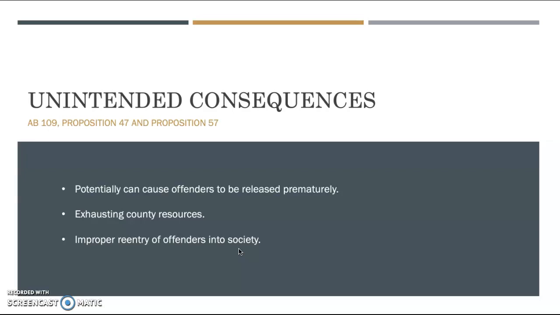So one, this causes a fear of public safety, but this also can be a disservice to the inmate by prematurely pushing them into society without having the necessary life skills to be successful. And that directly impacts the recidivism rate. So this bill, AB 109, Proposition 47, and Proposition 57 have been working as intended, and there has been a significant decline in the prison population.